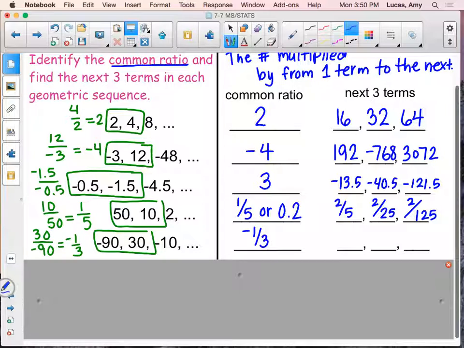So negative 10 times negative 1/3 is 3 1/3. If I multiply that by negative 1/3 again, I get negative 1 1/9. And multiply that by negative 1/3 again, I get 10/27ths.